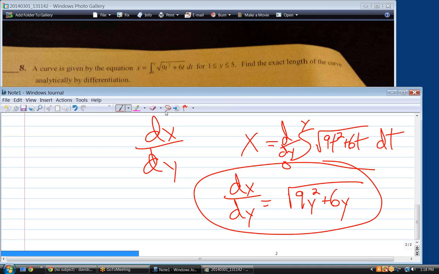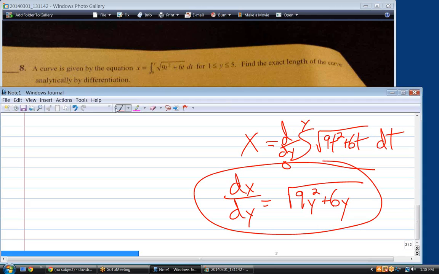The fundamental theorem of calculus has two parts. That's part one, and it's dependent on going from a constant to a variable. If it goes from a constant to a variable and you take the derivative of an integral, no matter what the variable is, it becomes the function as a function of y.